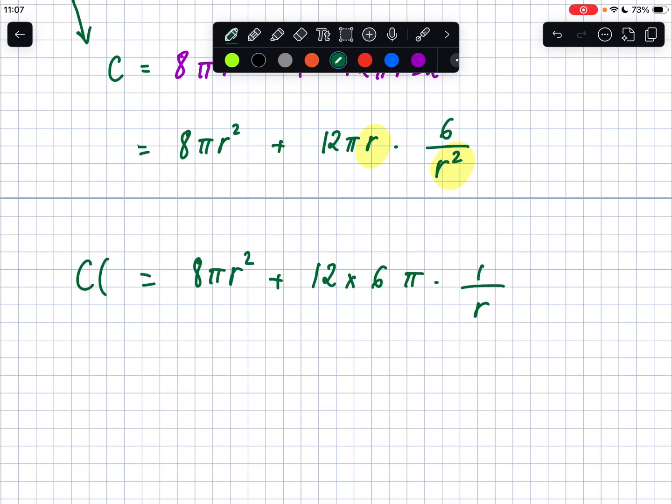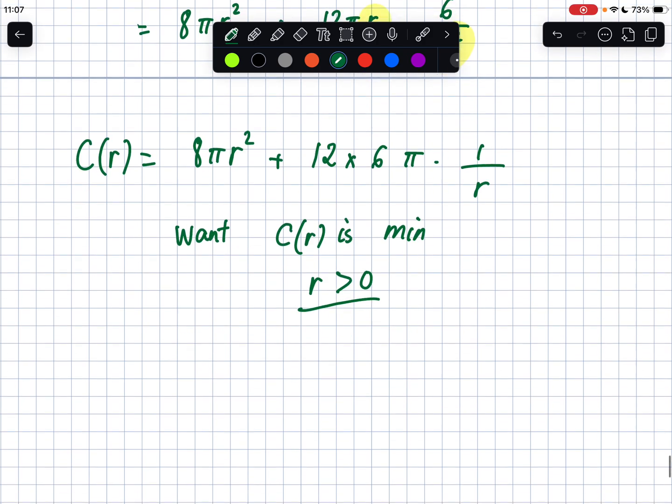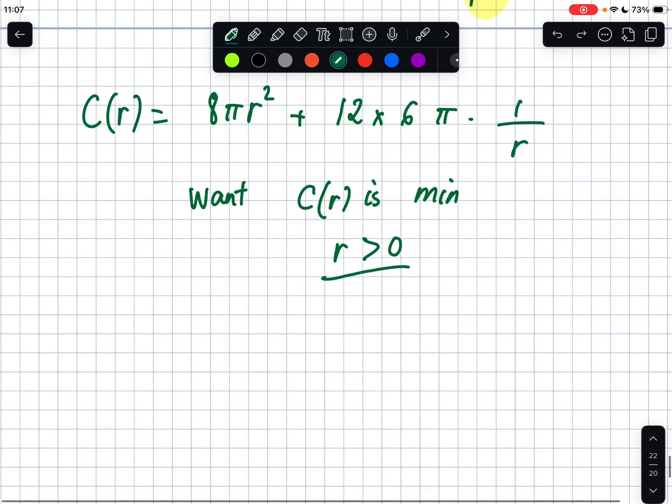Now it only depends on radius. We minimize C and find the radius, and we have the interval for that, radius greater than 0. This is a nice function.